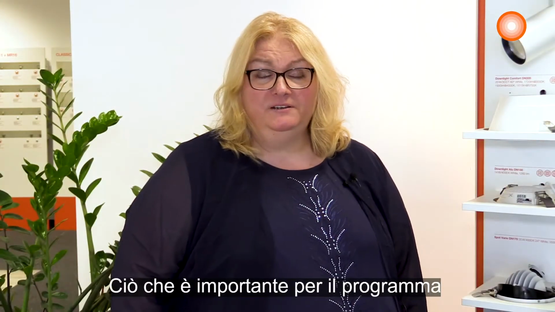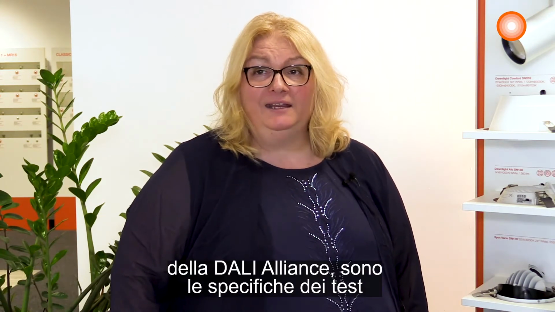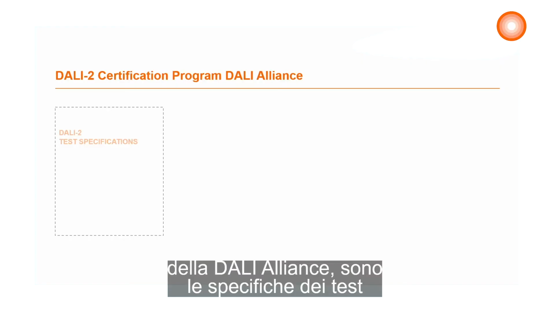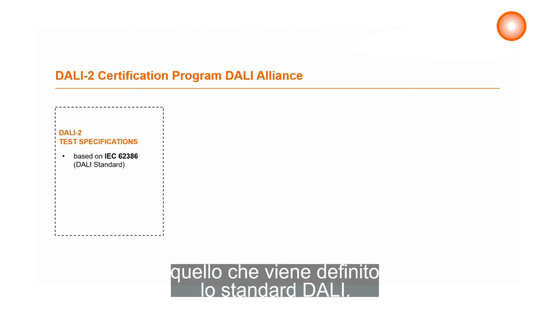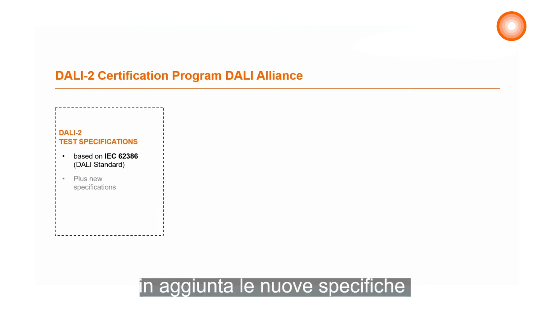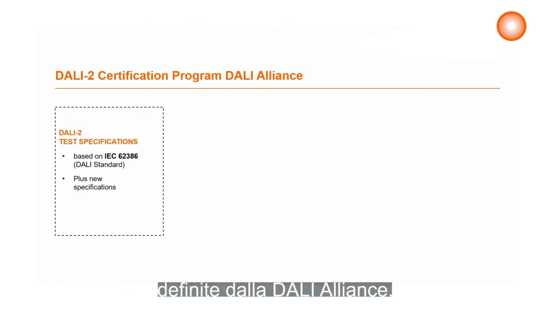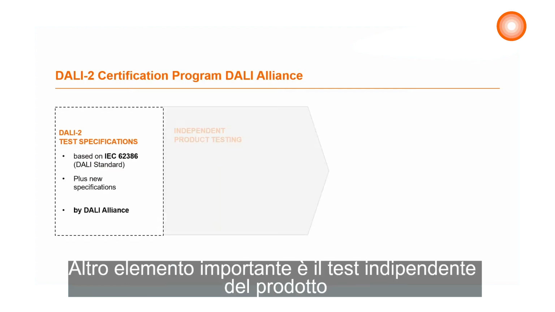What is important for the DALI-2 certification program of the DALI Alliance? Test specifications, which are based on the IEC 62386, the so-called DALI standard, plus additional new specifications defined by the DALI Alliance. Further, important is the independent product testing.